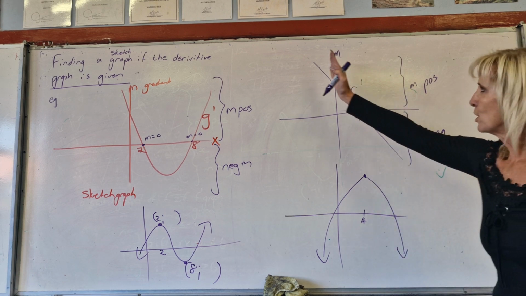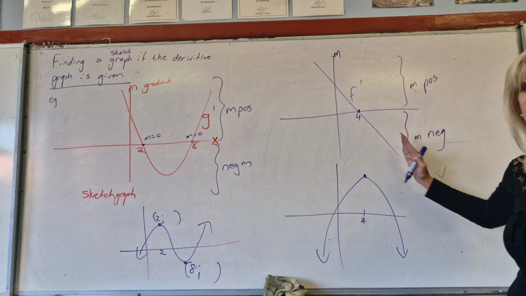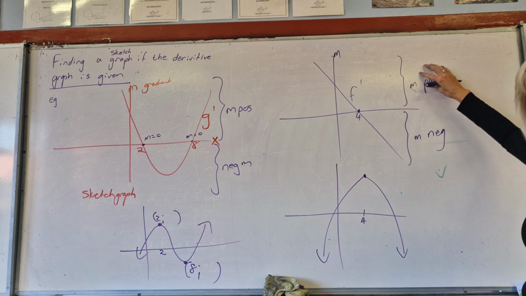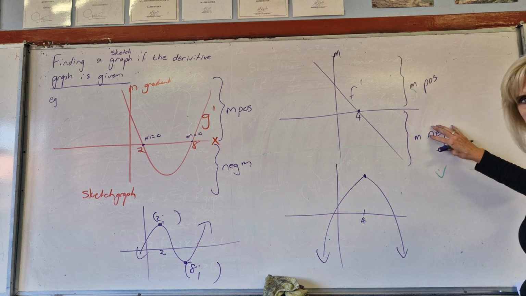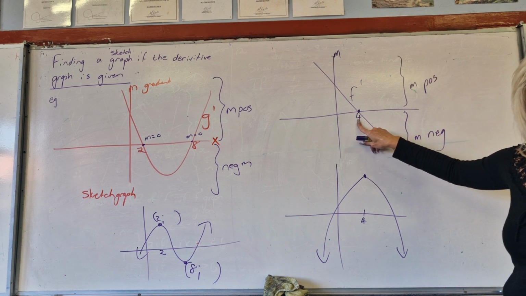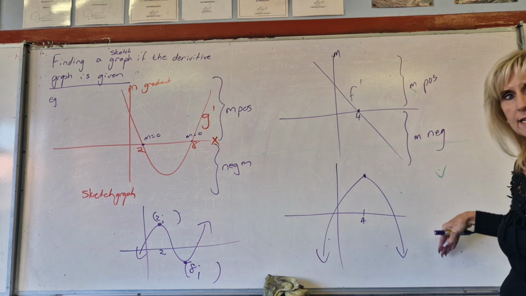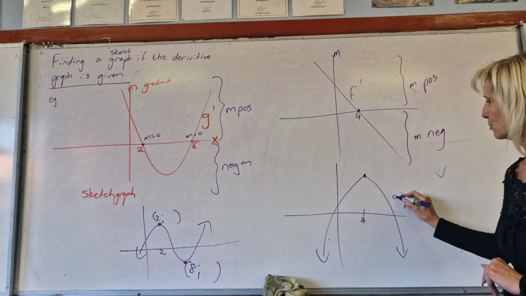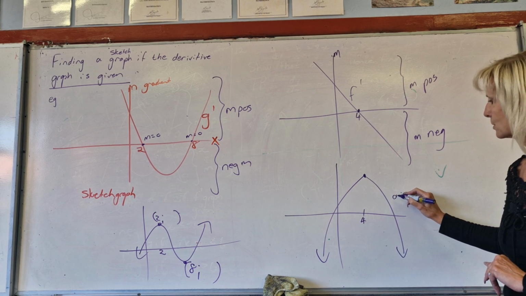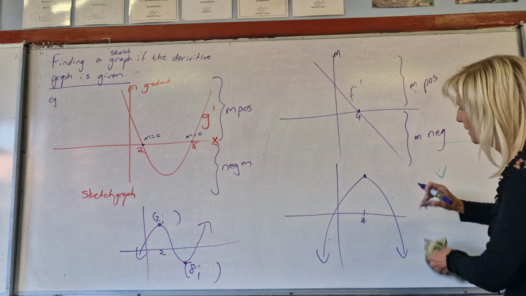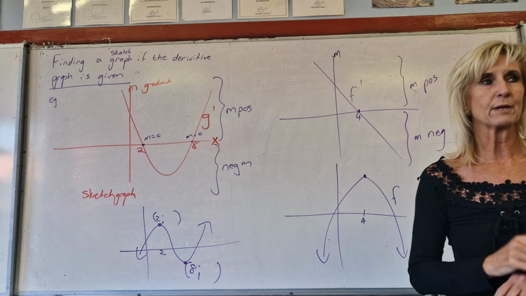Anywhere. First positive, then negative. It turns at x equal to 4, the gradient is 0. First positive, then negative, according to that, and that would be your F, sorry, I said F, not G. F. Right, I'm giving you homework.